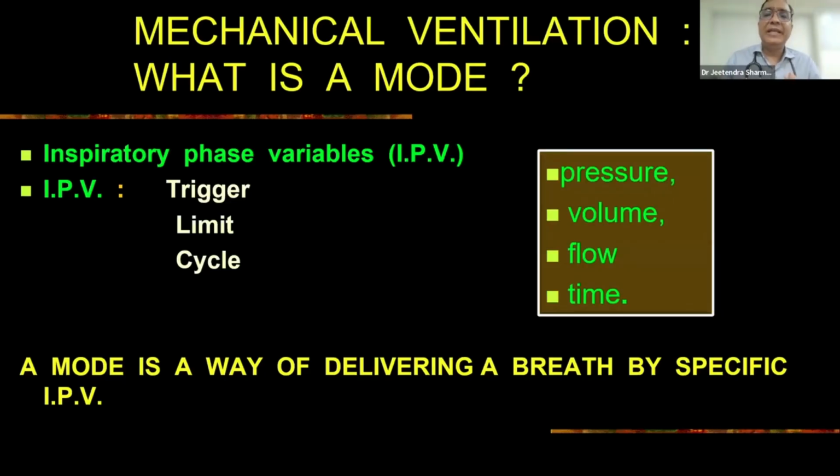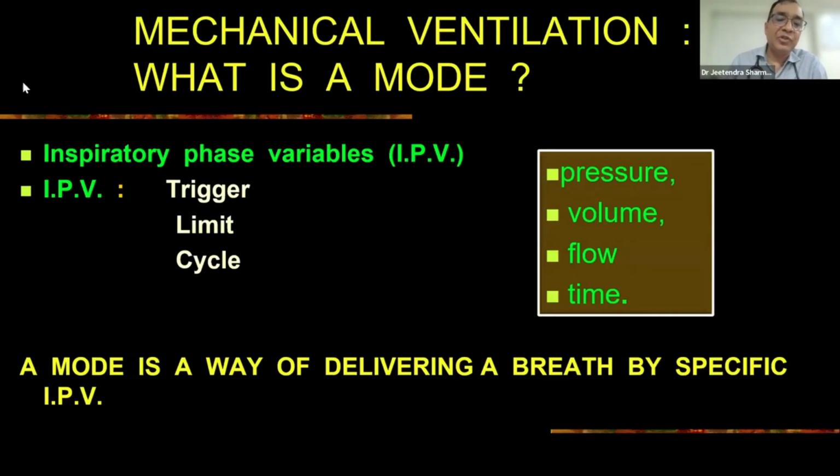Here we give the name of the physical quantity, like time triggering, pressure triggering, flow triggering, and of course, except for time, pressure and flow would be patient triggering only. So whenever you are asked, if you just answer that pressure support is patient triggering, it is partially right, but not very correct in the language we are talking about.